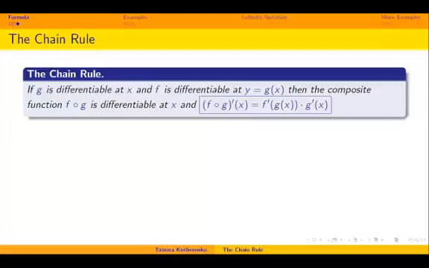This formula looks complicated. Let's take a moment to see what we need to do to find the derivative of f of g of x. Here f is the outside function and g is the inside function.